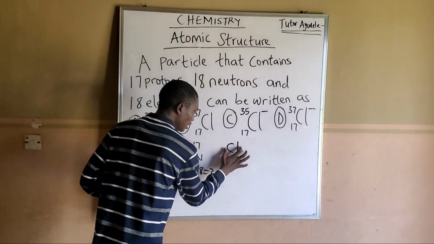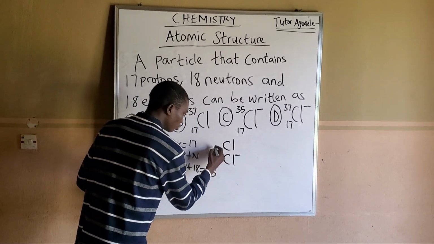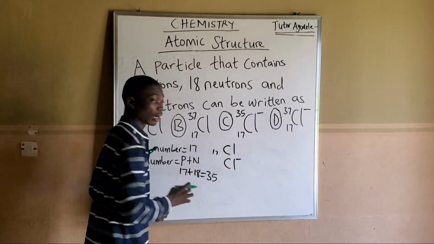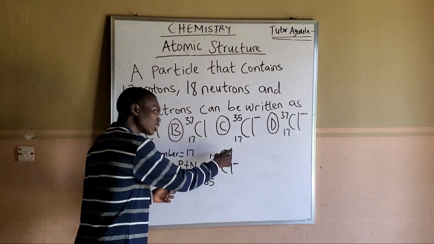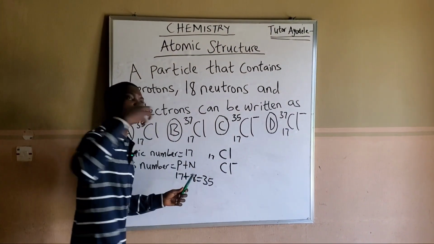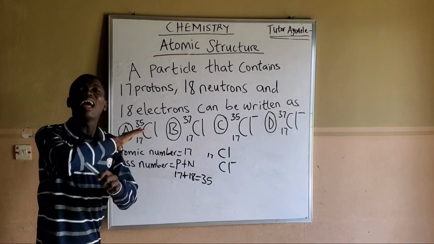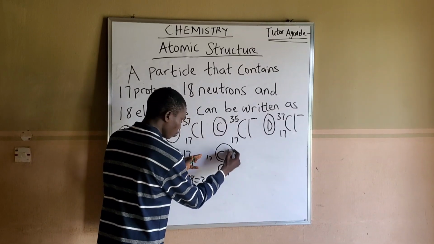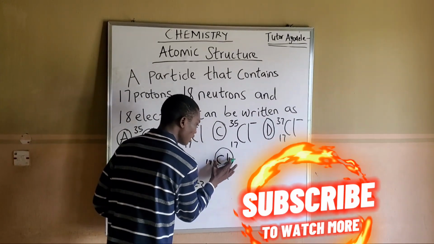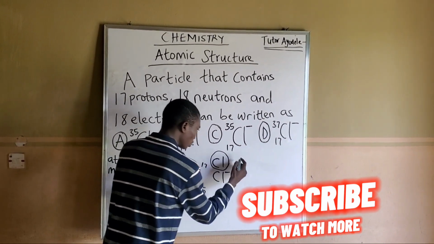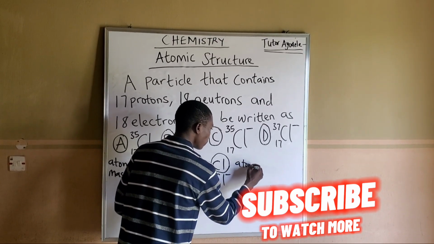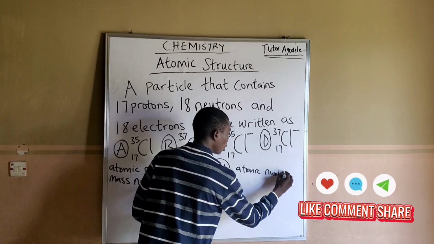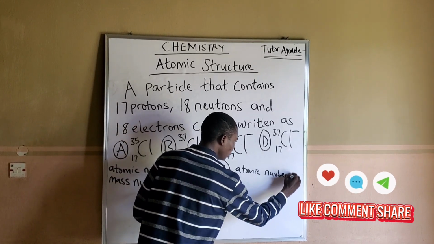Now, in a neutral state, the proton number is 17. This proton number is the same thing as the atomic number, right? In that same neutral state, the proton number is also the same thing as the electron number. I'm talking about the neutral state. In this neutral state, what is the atomic number? You know, the atomic number is 17.